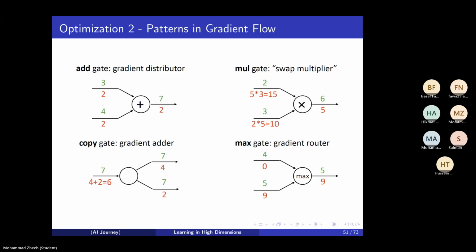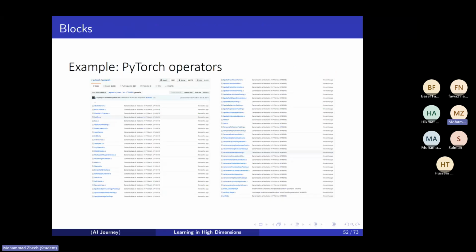Okay. This analogy of gates is very important in deep learning. Most deep learning frameworks frame their design in this way, in the way of operators, in the way of blocks. So in PyTorch, if we open the repo, we're going to have large amounts of scripts in C and C++.